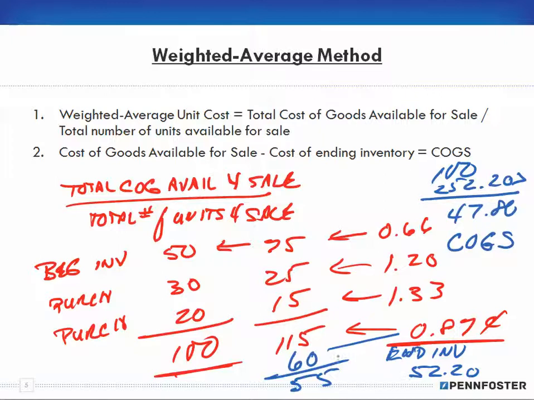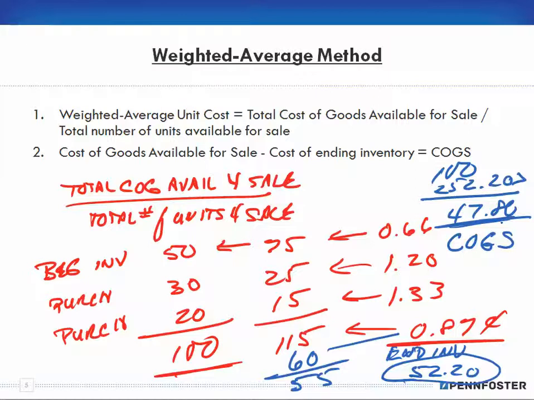So my inventory valuation, using the weighted average method, is an ending inventory of $52.20. Because I'm using the weighted average method, it makes my work a lot easier, and I can calculate my cost of goods sold to say, okay, that's how much my cost of goods sold is.